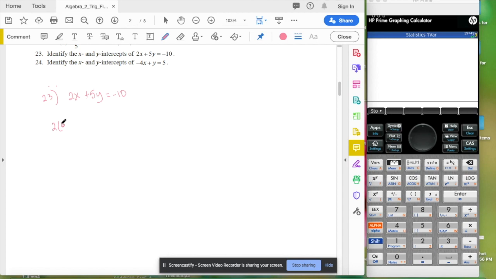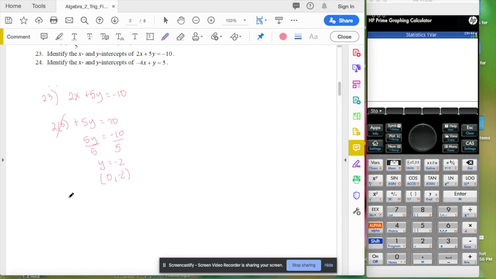So 2 times 0 plus 5y equals -10. That cancels out, and we have 5y equals -10. Divide by 5, then y equals -2. So the y-intercept is going to be 0, -2.